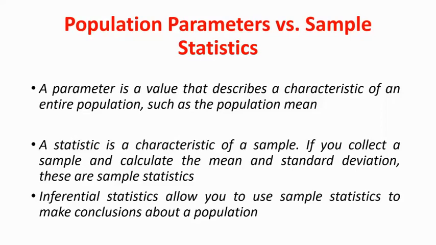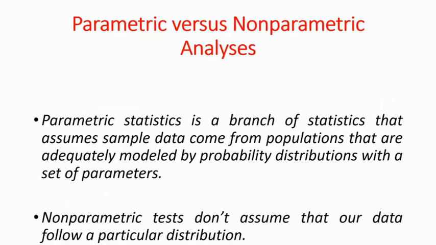Inferential statistics allows you to use sample statistics to make conclusions about a population. So inferential statistics is basically making decisions on population parameters based on the sample we have. Actually, this testing of hypothesis we classify broadly into two: parametric test and non-parametric test.